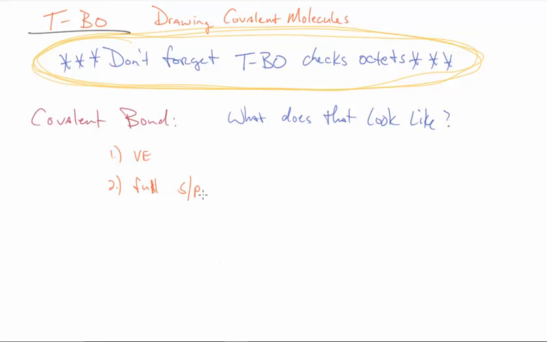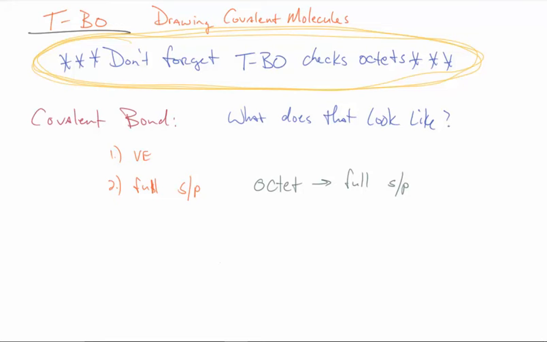And so that's what we're going to use to drive how we place these atoms around each other and how we connect them with their electron sharing: we're going to try and fill up that valence shell. In other words, we are going to give everything an octet. An octet is a full S and P valence shell. All right, and so what TBO does is allow us to place in all those valence electrons properly.